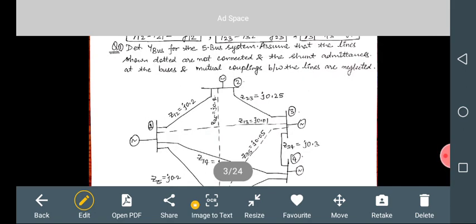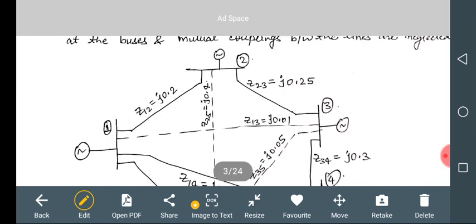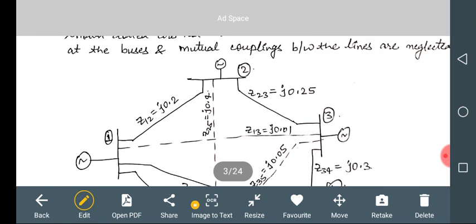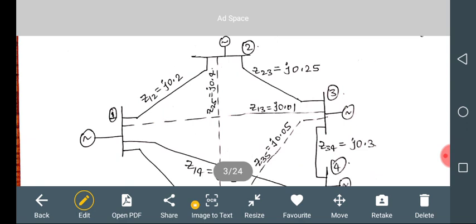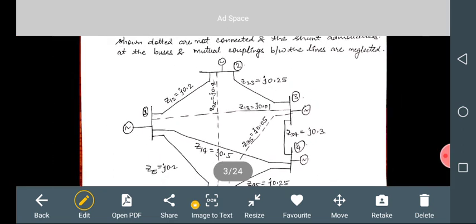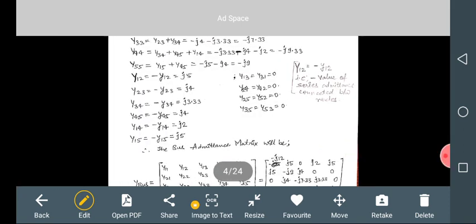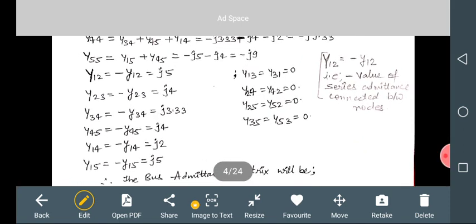How? Come to our power system network. There is no direct connection between bus number 1 and bus number 3. If there is no direct connection between bus number 1 and 3, we cannot write any admittance values for bus number 1 and 3.